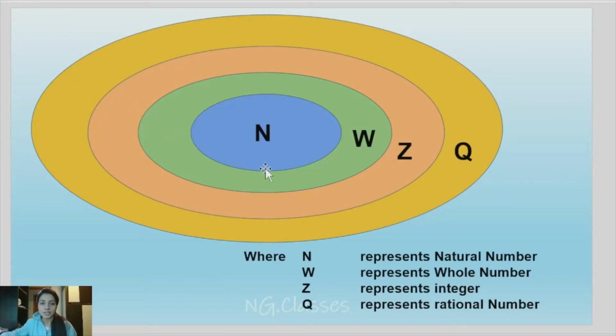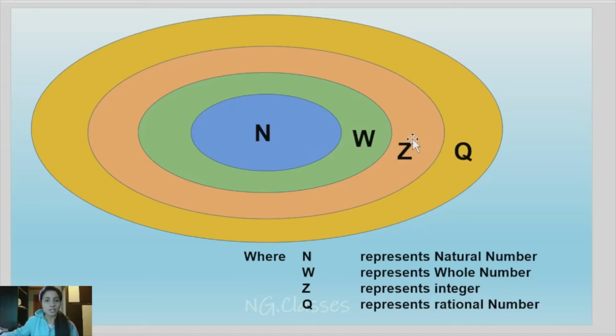What you can see, capital N, capital W, Z and Q. What are these letters representing? Here capital N represents natural numbers, W represents whole numbers, Z represents integers and Q represents rational numbers. Now in your previous class you have gone through the concept of natural numbers, whole numbers as well as integers.